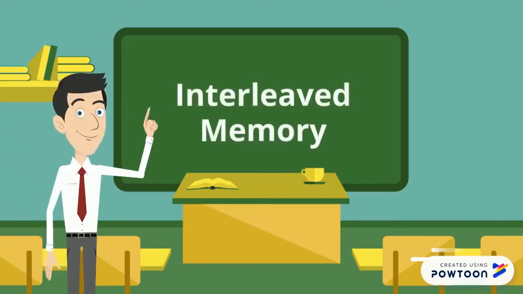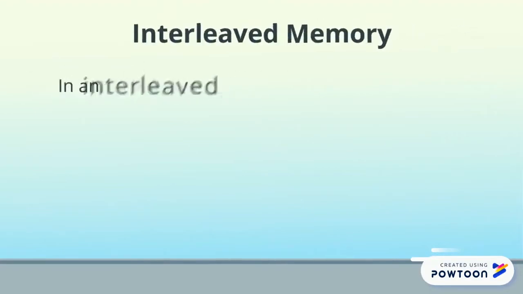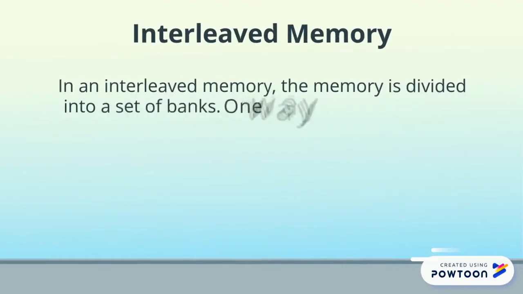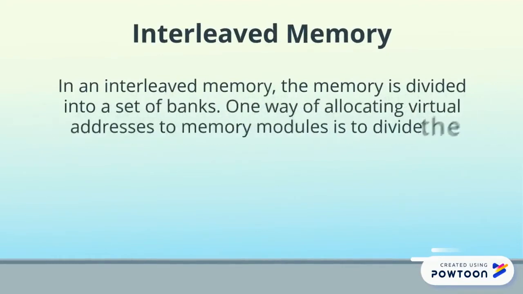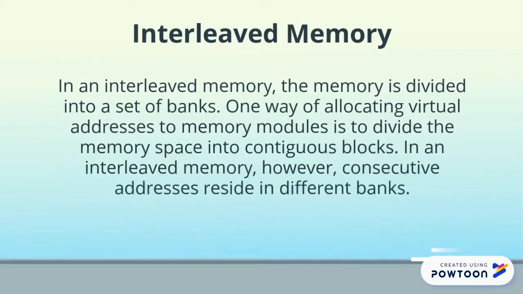Interleave memory. In an interleave memory, the memory is divided into a set of banks. One way of allocating virtual addresses to memory modules is to divide the memory space into contiguous blocks.